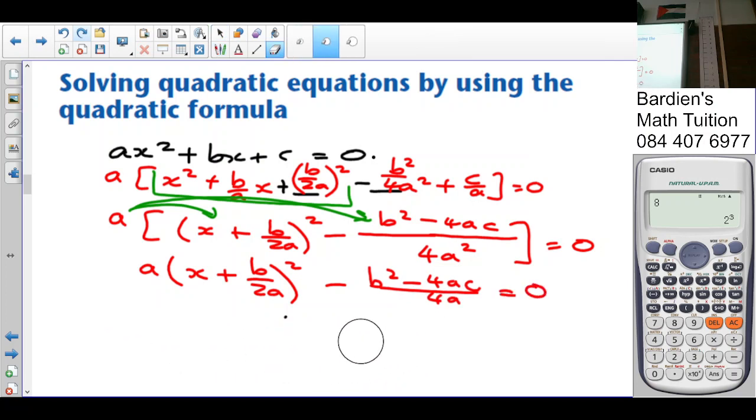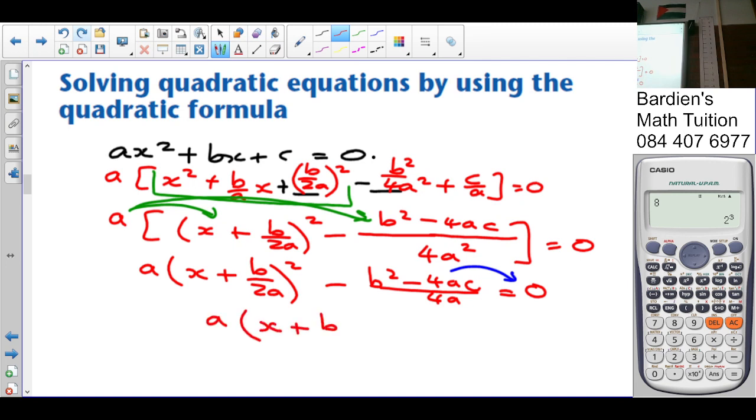Now what? Take the fraction over the equal sign. So it gives us now a into x plus b over 2a equals b squared minus 4ac over 4. Now what do we do?